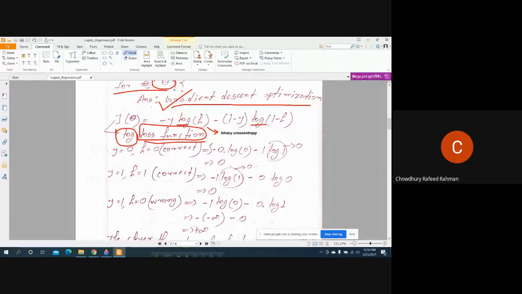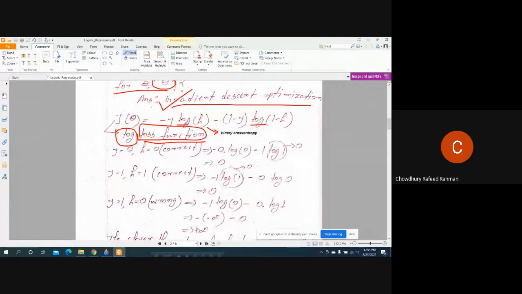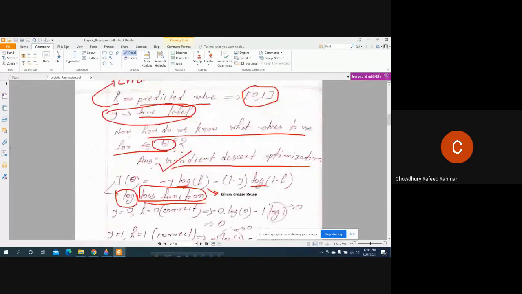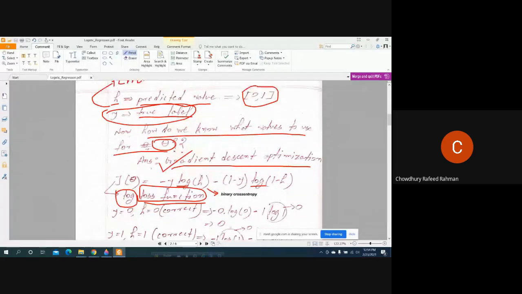Okay. So first, let us see if this loss function is correct or not. How can we test whether a loss function is correct? Let me first tell you that. When your prediction is correct, your loss value should be minimum. When your prediction is wrong, your loss should be maximum, right?